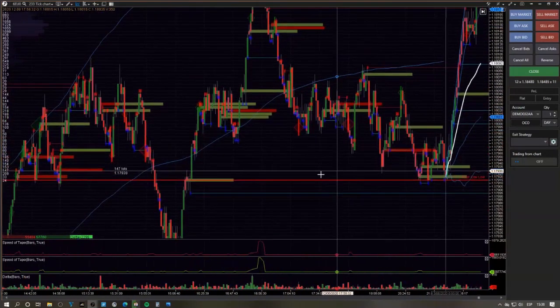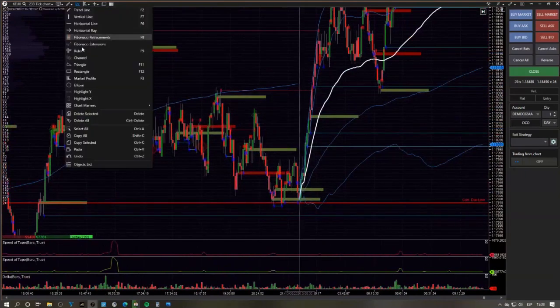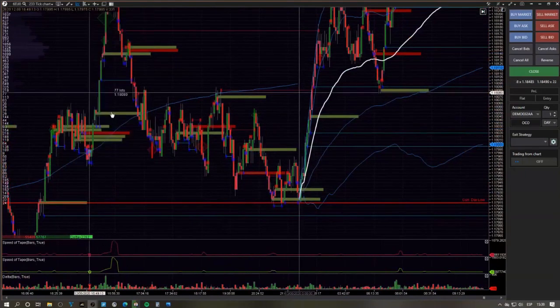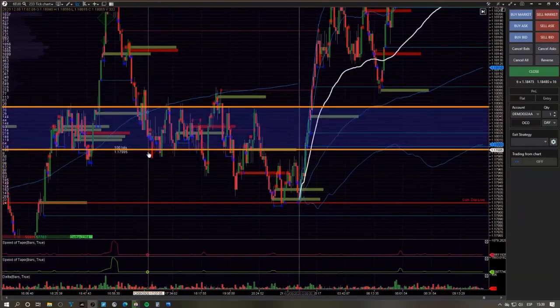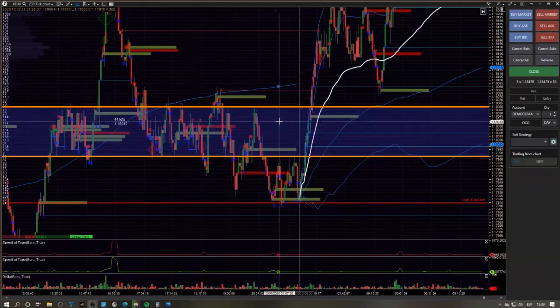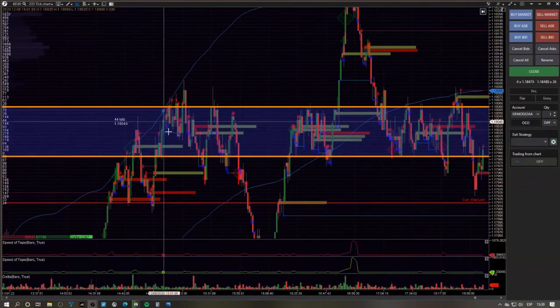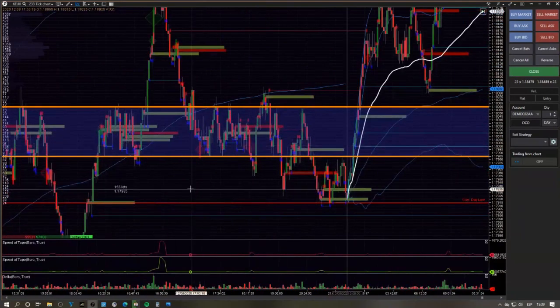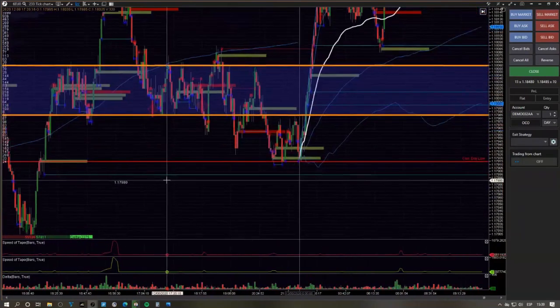It gives me visual information very easily, and I'm just going to highlight that area with my drawing tool here. Okay, so I see this area here has a lot of rotation. The price was bouncing up and down in this area, so that indicates an accumulation area here. Very interesting. We can use it in today's session.